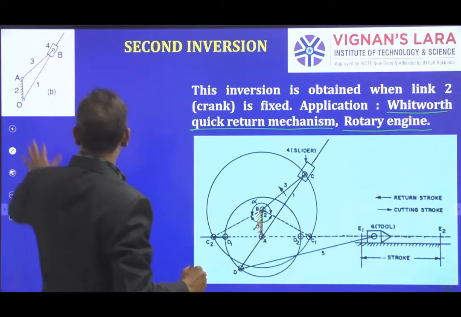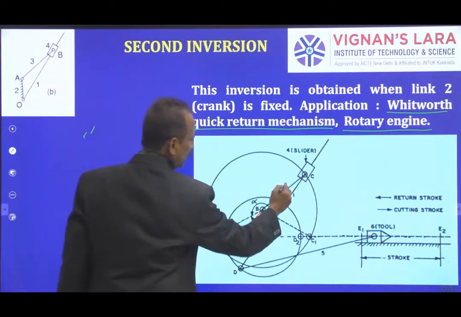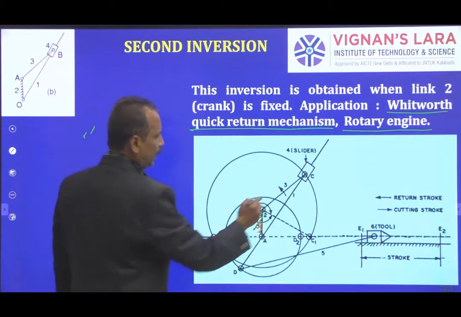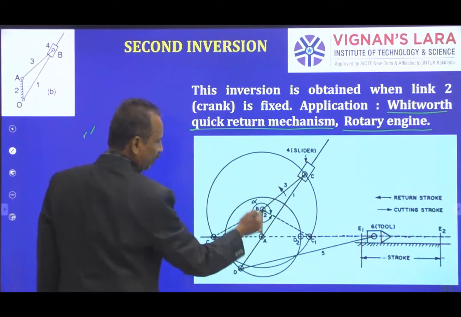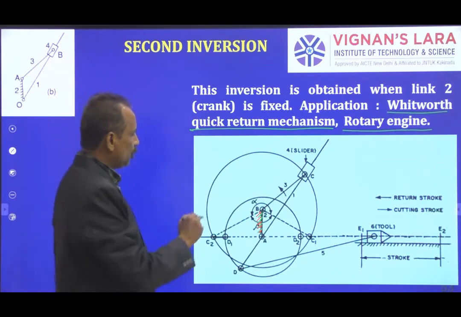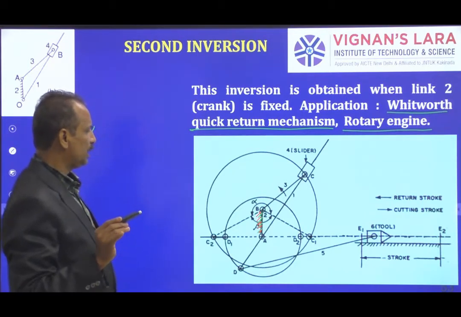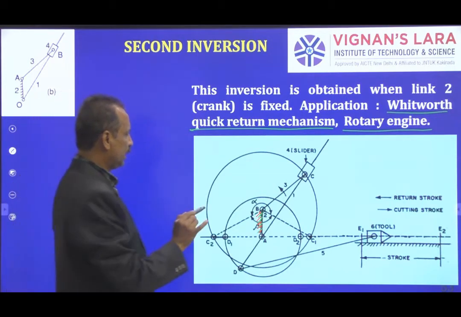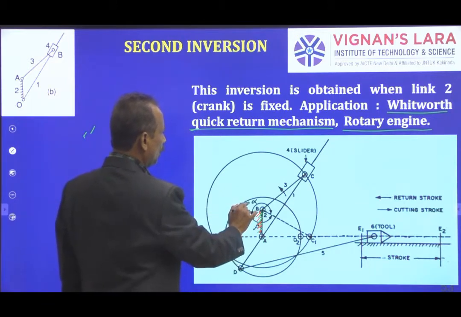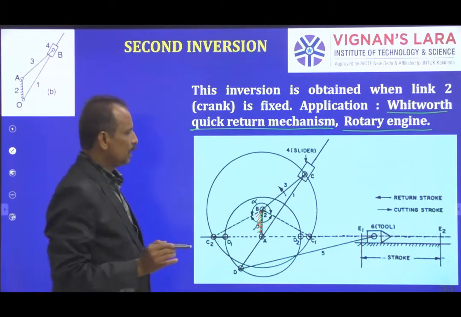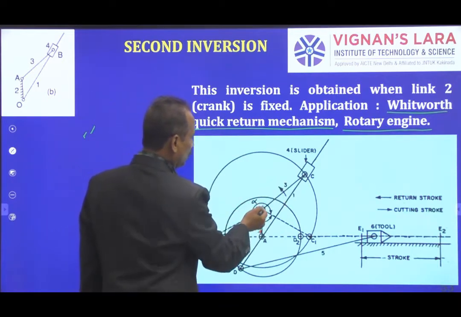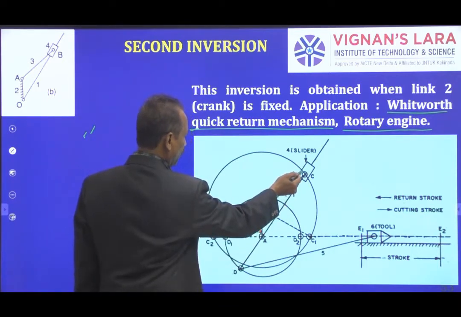Now this is the link 3, the slider is the link 4, and this is the link 1. You can see here there are two circles. One circle is related to this center B, with the third link revolving and forming a circle, that is this circle.